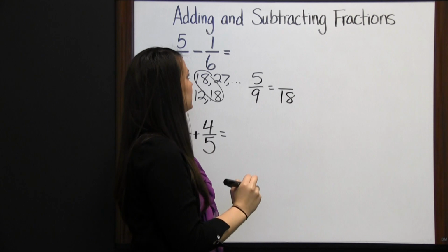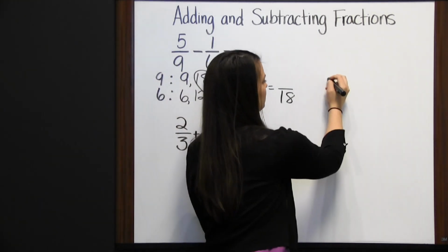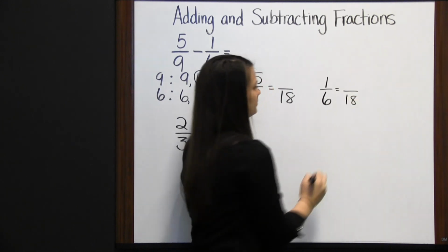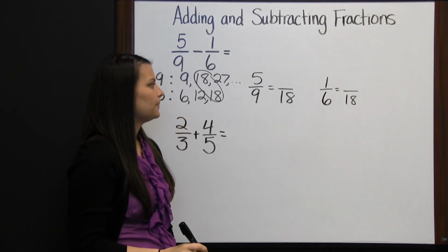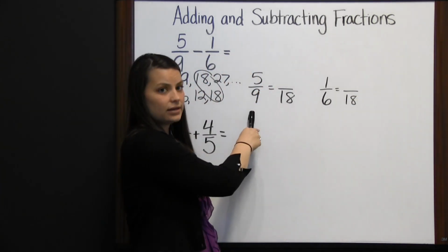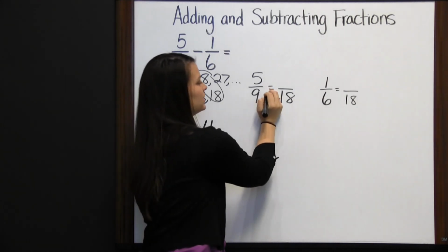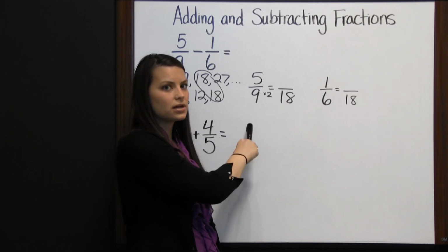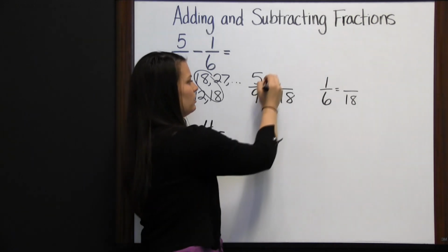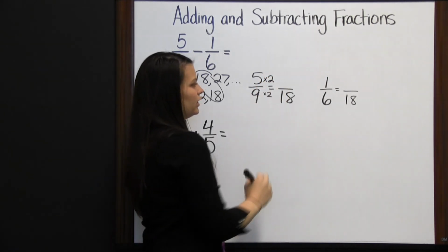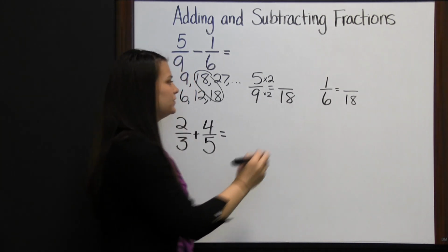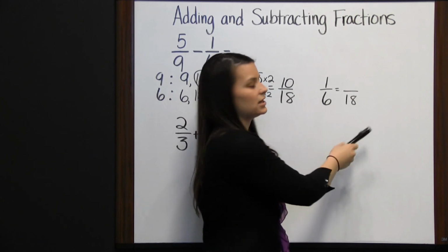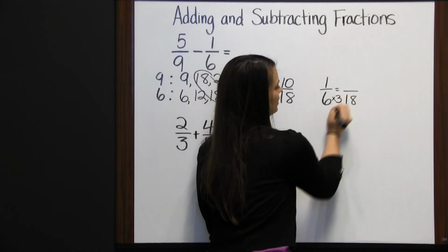So we're going to change both of our fractions, 5/9 to something over 18, and 1/6 to something over 18. 9 times 2 is 18. So since we multiplied our denominator times 2, we must also multiply our numerator times 2. 5 times 2 is 10. 6 times 3 is 18.